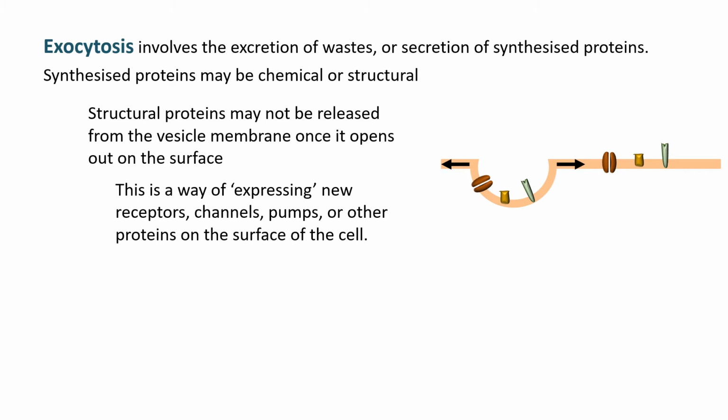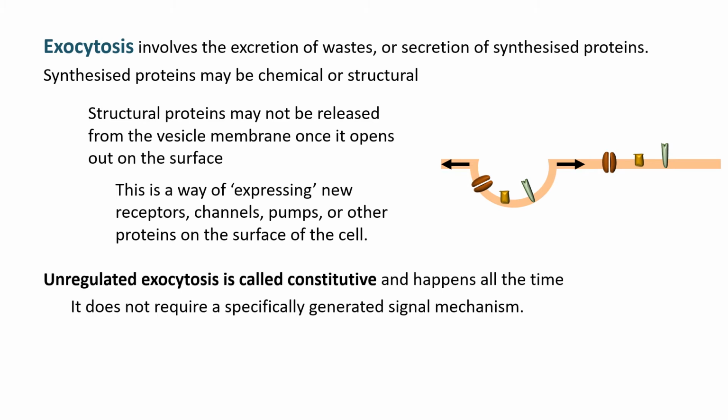In the same way, through endocytosis, we can take them back in again. If we decide we don't need all those receptors anymore, then the cell can take those back in through endocytosis in exactly the same way, obviously the reverse. Unregulated exocytosis is called constitutive.